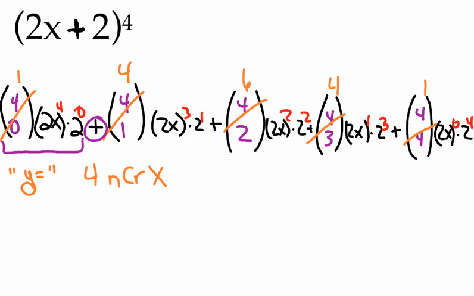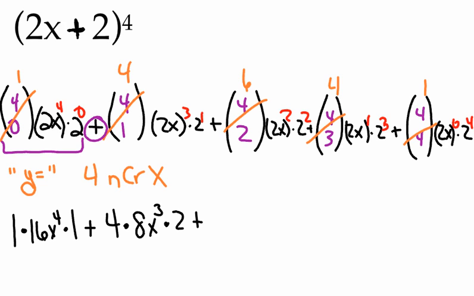So I'm going to have a 1 times, please be careful, I told you to put the 2x in parentheses because it's going to be 2 to the 4th, x to the 4th. 2 to the fourth is 16 x to the fourth, times this 2 to the 0 sitting right there. Anything to the 0 power is a 1. Plus, then we're going to do a 4 times 8x cubed times a 2, right? 2 cubed x cubed, 2 to the first.